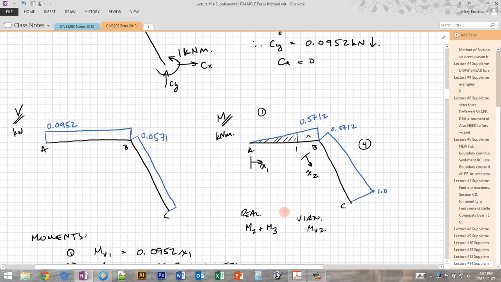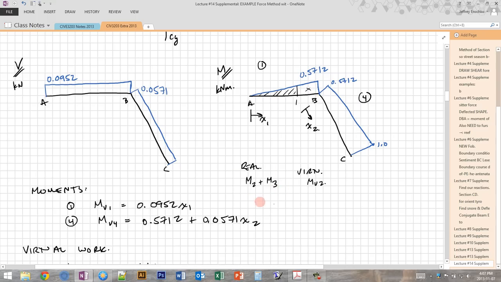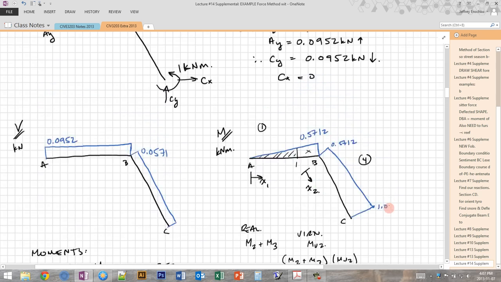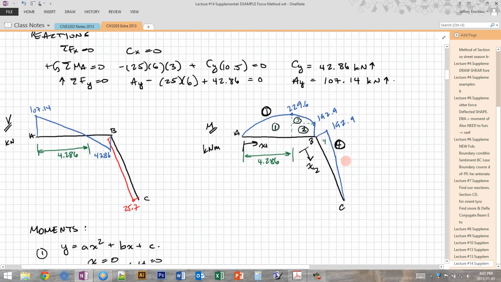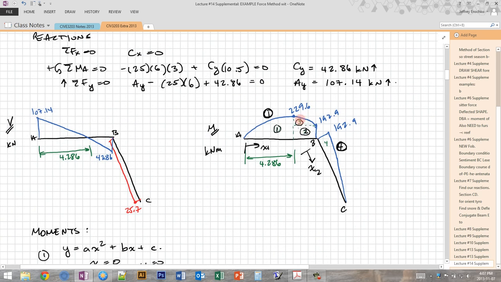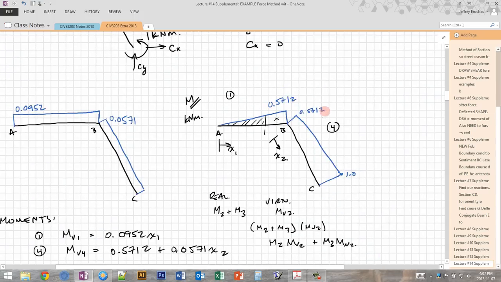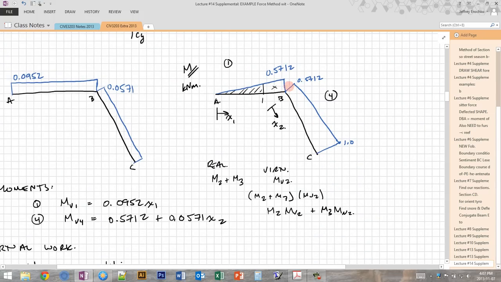If we want to find the integration for the product of these two, the product is M2 plus M3 times MV2. If we expand that out, that's M2 times MV2 plus M3 times MV2. So for each piece that you break up the real moment diagram into, you have to multiply that by the entirety of this trapezoid.